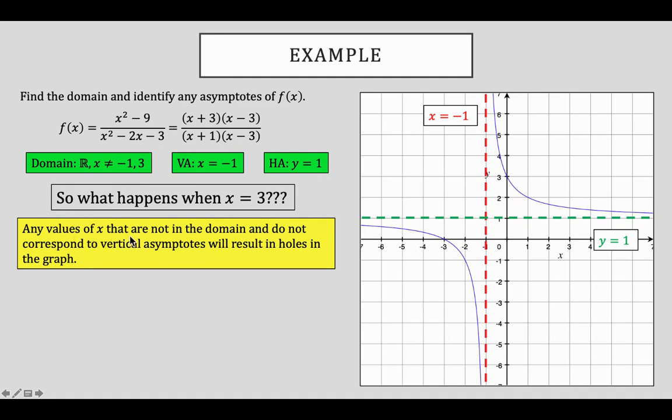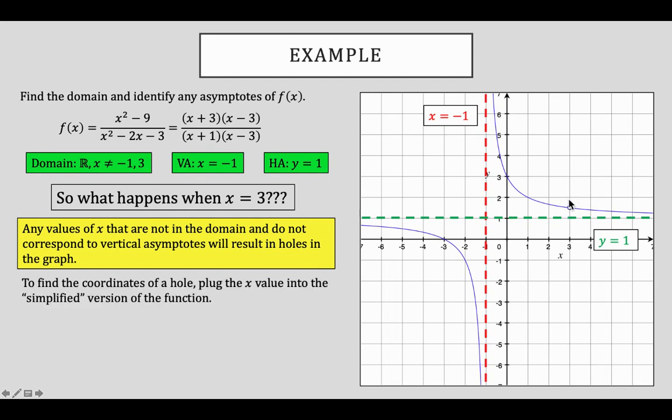Any values of x that are not in the domain and do not correspond to vertical asymptotes will result in holes in the graph. So we were undefined here at negative 1 and 3. We had a vertical asymptote at x equals negative 1. That means that x equals 3 must correspond to a hole in the graph. It would be right here. We just put an open circle on our curve.